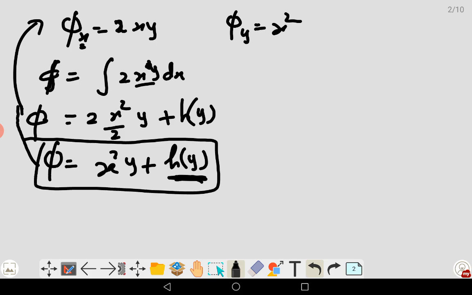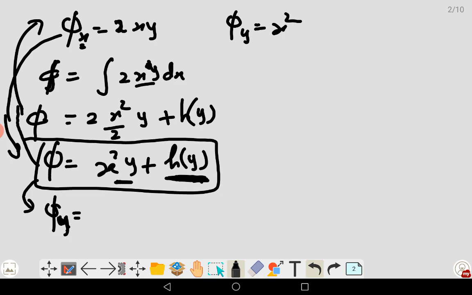But we don't have an idea about h of y. We need to find h of y. Now from this phi, differentiate again with respect to y, because from phi_x we have found phi. Differentiate both sides with respect to y.